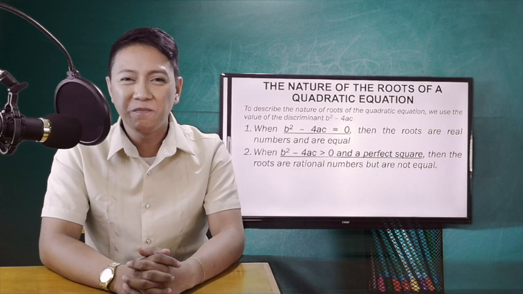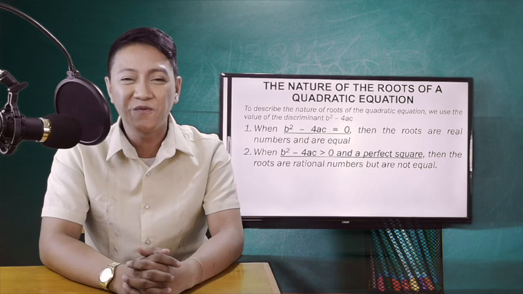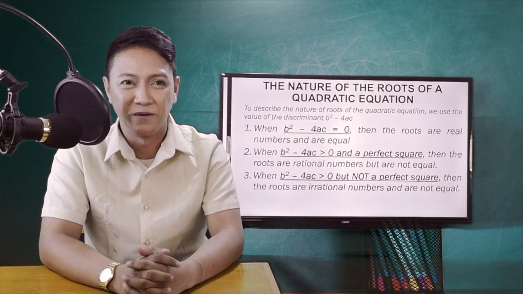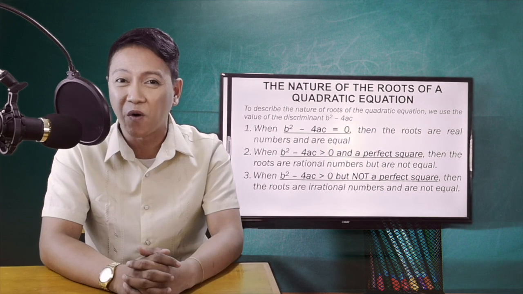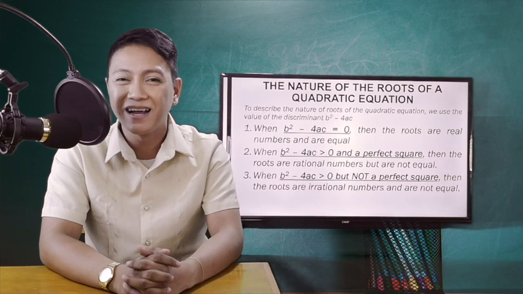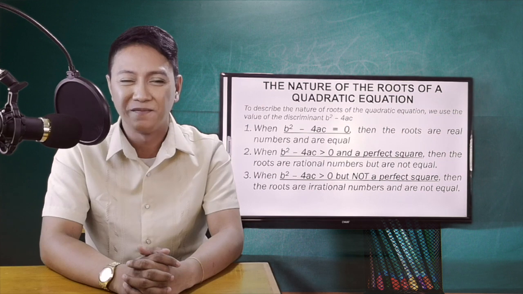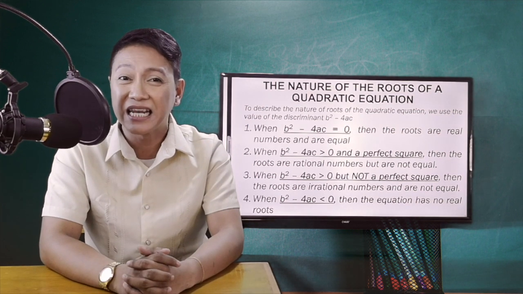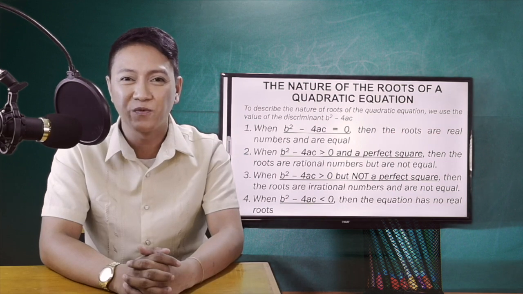Second, when b squared minus 4ac is greater than 0 and a perfect square, then the roots are rational numbers but are not equal. Third, when b squared minus 4ac is greater than 0 but not a perfect square, then the roots are irrational numbers and are not equal. Lastly, when b squared minus 4ac is less than 0, then the equation has no real roots.